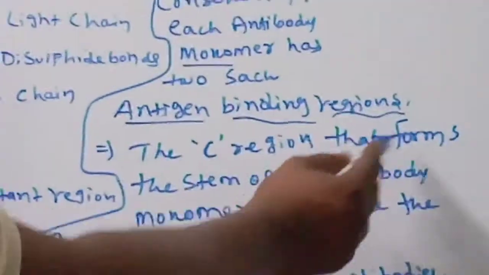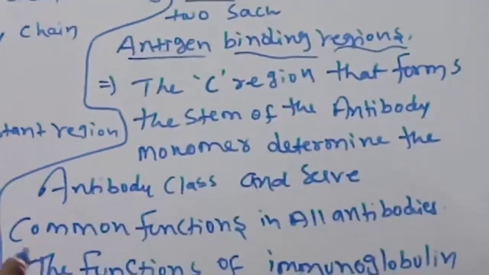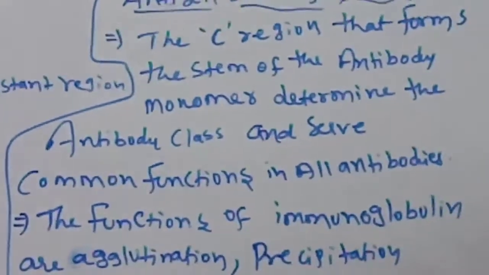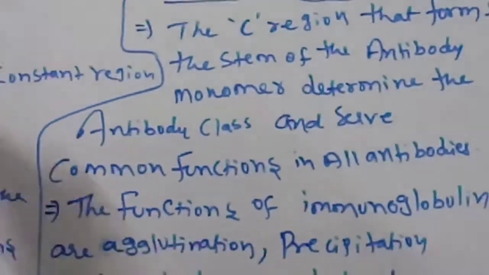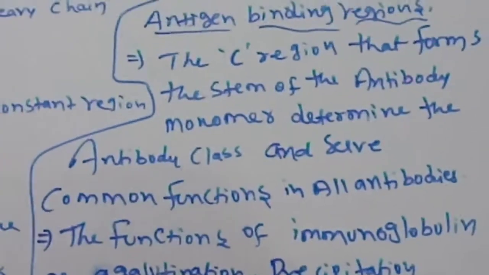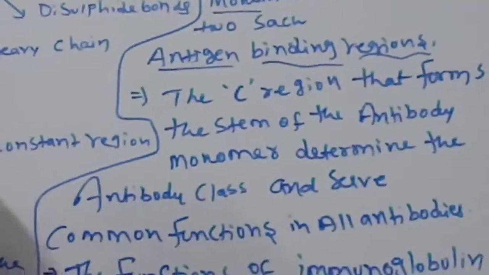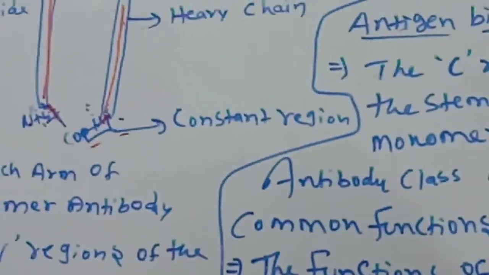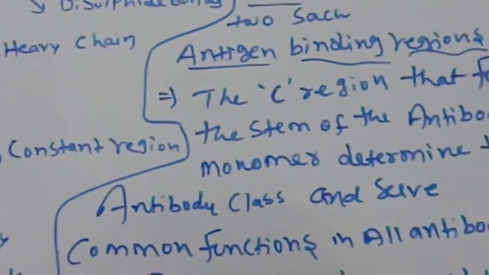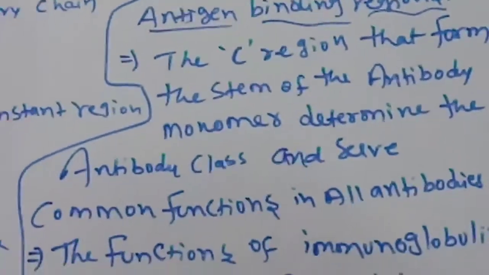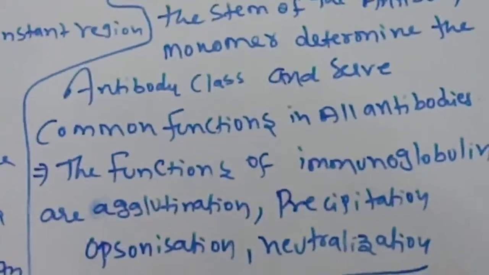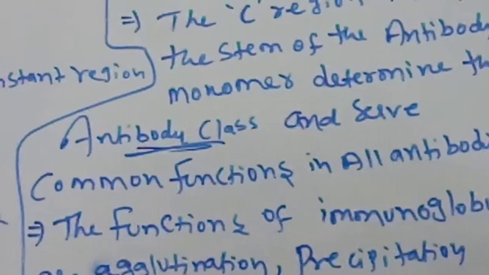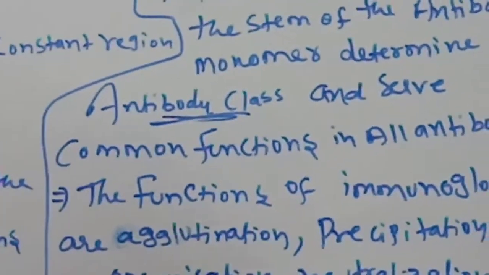The C regions that form the stem of the antibody monomer determine the antibody class and serve common functions in all antibodies. This is the constant region. It determines the antibody class, either IgG, IgM, IgD, IgE, like that.